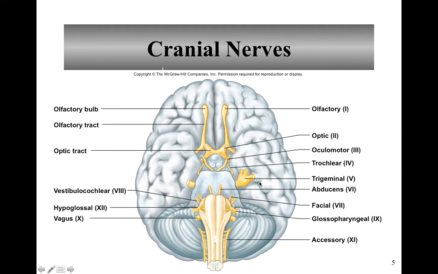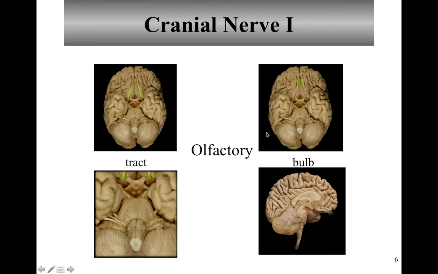Cranial nerves are designated as CN, cranial nerve, and then a Roman numeral. CN1 is the olfactory nerve. It's a sensory nerve, and it transmits impulses associated with smell.